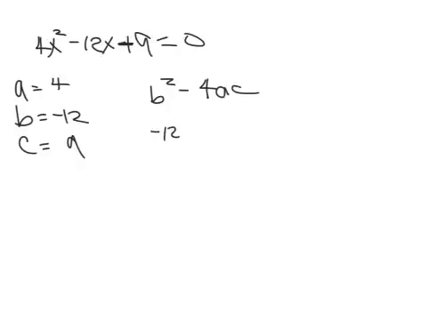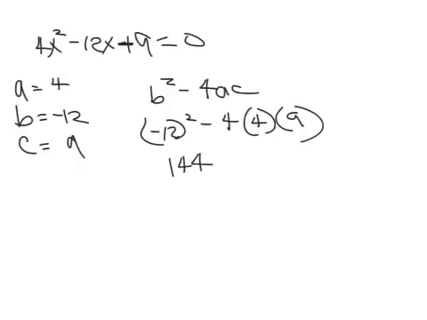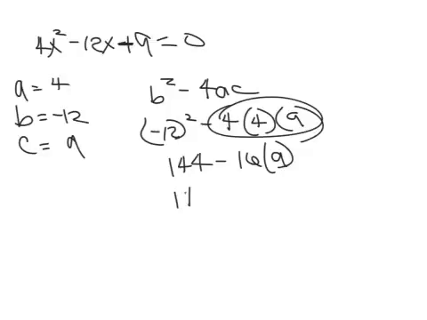So negative 12 is your b. 4 times 4 times 9. Okay, 144 minus 16 times 9. Okay, so what is 16 times 9? 16 times 9 is 144. So we get 144 minus 144.